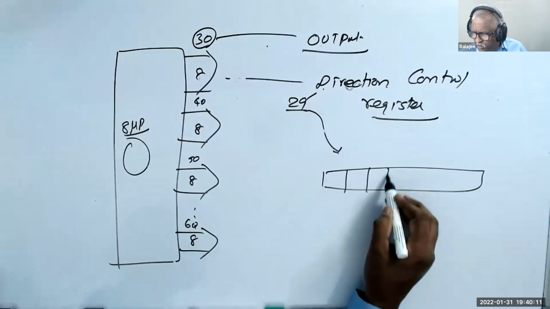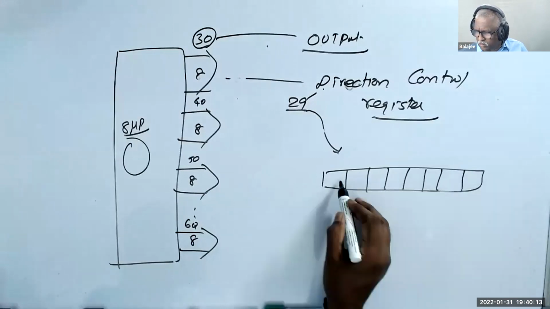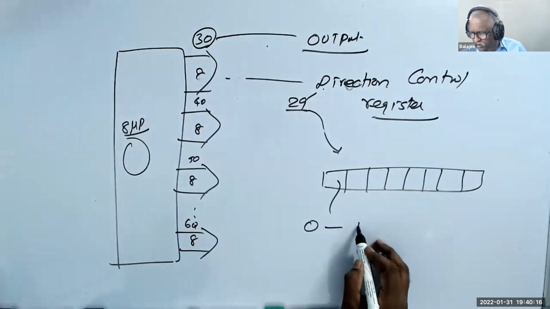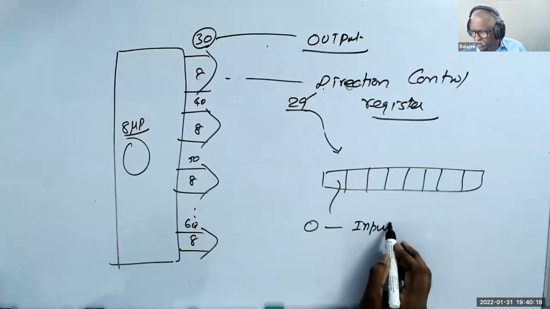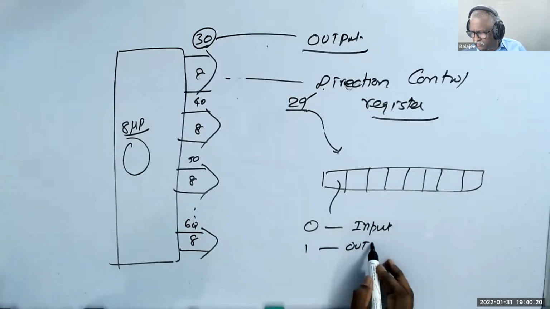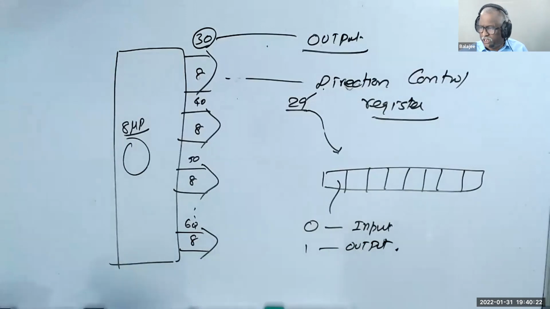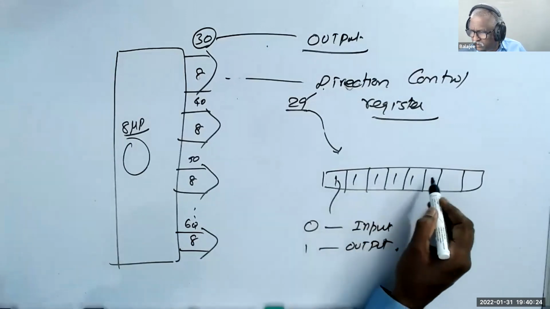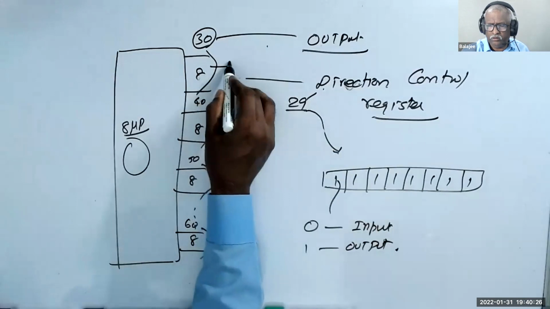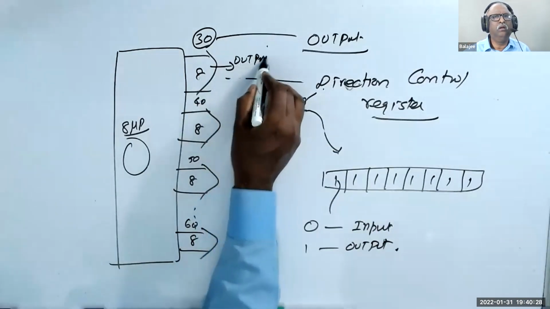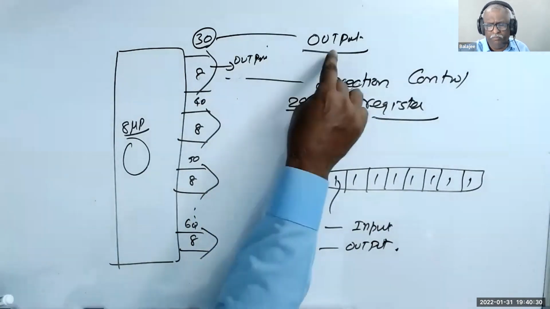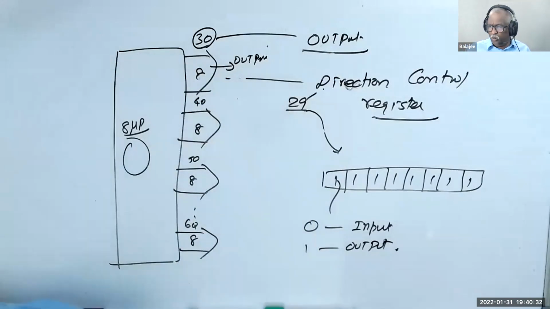Here, 0 means input and 1 means output. That's it. If you write all the bits as 1, then all the pins are outputs. Right now we are discussing output, so we make everything output. Let us discuss input later.